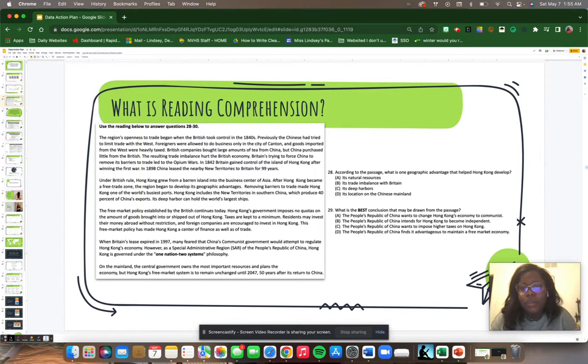You can see two of the questions to the right, so 28 and 29. So, again, this is having the students read through these passages, pulling out the main idea from the passages, and then kind of answering questions based off not only the passage, but just a little bit of content knowledge as well.